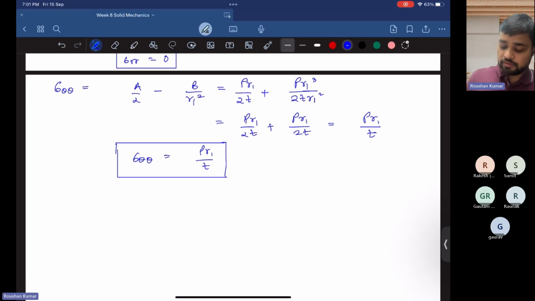And now what about sigma ZZ? So sigma ZZ is finally given by this expression.